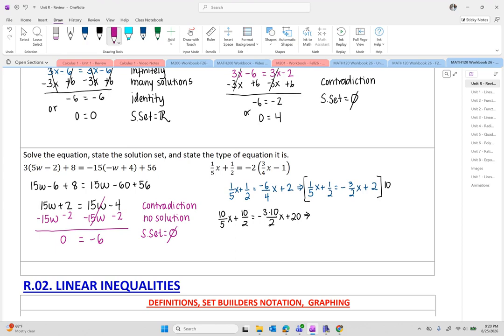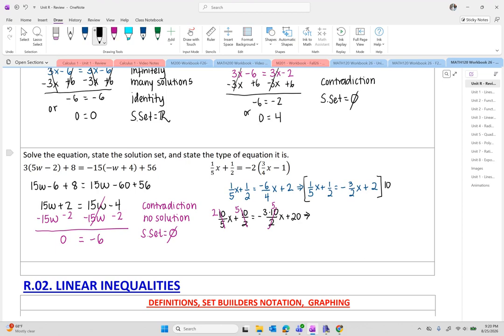So the reason we multiplied by the least common denominator was that we wanted to make sure there are no denominators left, which means if we have done a good job, there will be full divisions with no remainders when we divide the numerator by the denominator. 10 divided by 5 is 2, 10 divided by 2 is 5, 10 divided by 2 here is 5, and also 30 divided by 2 would be 3 times 5, which is 15. So we do have an equation with no denominators.